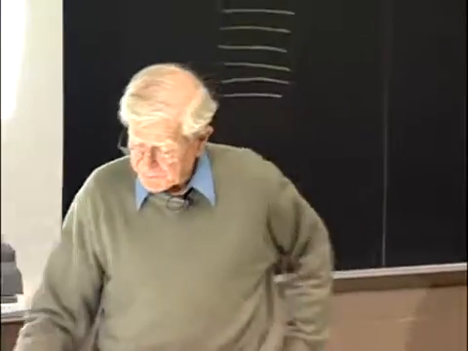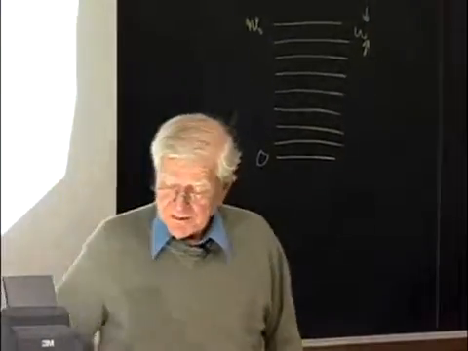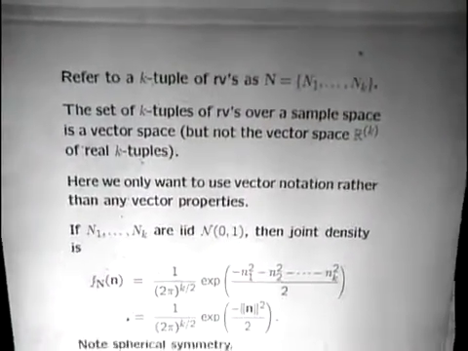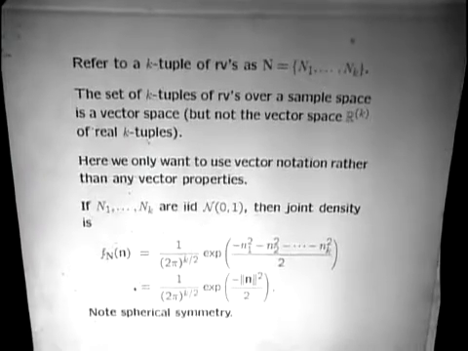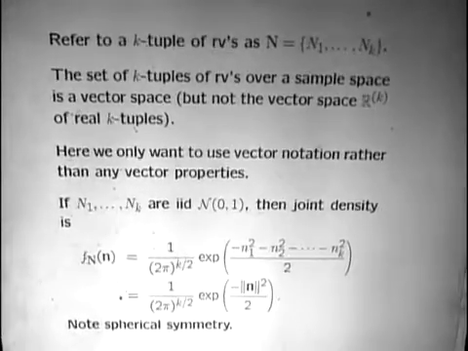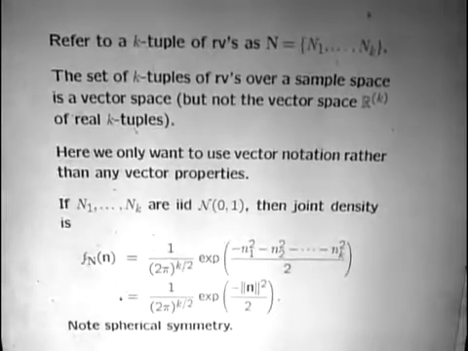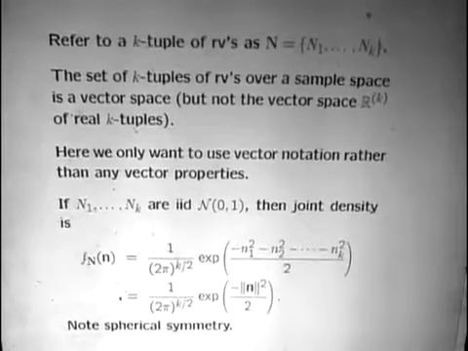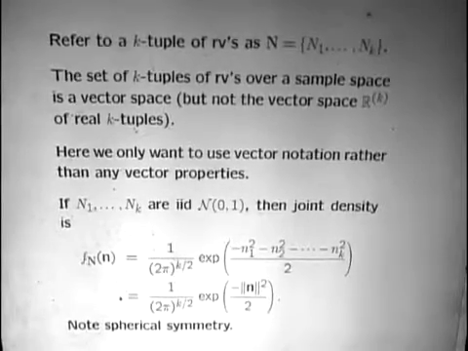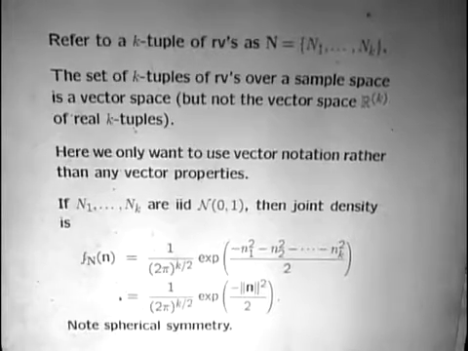So we said that we'd be happy if we could deal with at least studying a random process over some finite set of times. So it makes sense to look at a finite set of random variables. So we're going to look at a k-tuple of random variables, and we're going to call that, what do you think we're going to call a k-tuple of random variables? We're going to call it a random vector. In fact, when you look at random vectors, you can describe them as being elements of a vector space.